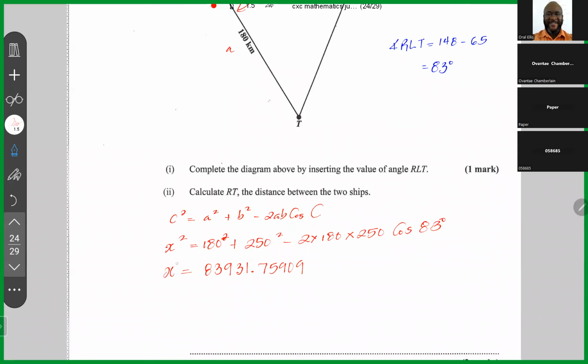The opposite of square is square root. So x, which is RT, is the square root of 83,931.75909, which is 289.7 kilometers.